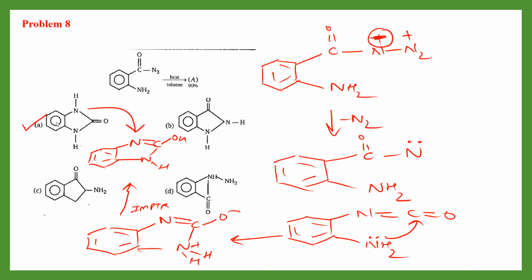So again, if we see the solution of this, first in heating condition nitrene has been formed. Whenever you are having a carbonyl group adjacent to your nitrene, you have to form isocyanate, and then the isocyanate has to be attacked by any nucleophile. Does anyone have this doubt: why am I breaking this bond only among these two, N double bond C and C double bond O?